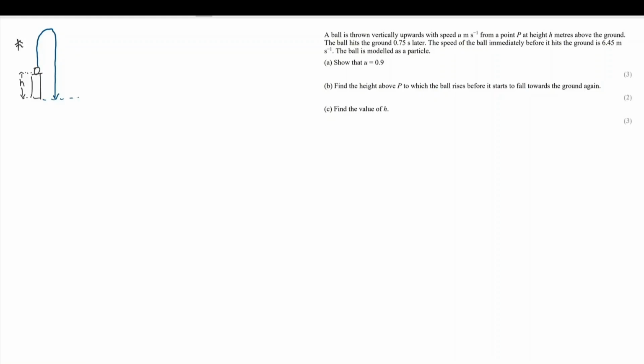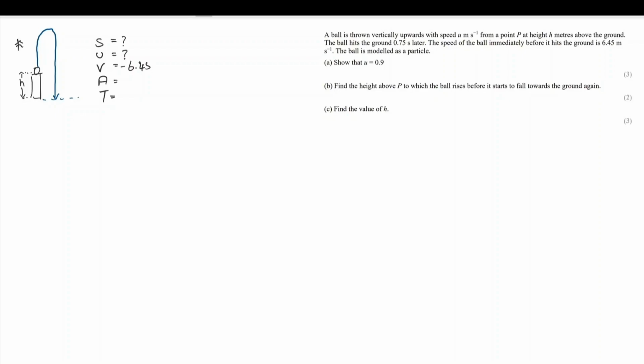Okay, let's collect the SUVAT variables for what we do know. So, SUVAT and t. We don't know the displacement or the initial velocity, but the final velocity, we were told that just before it hits the ground, it has a speed of 6.45.